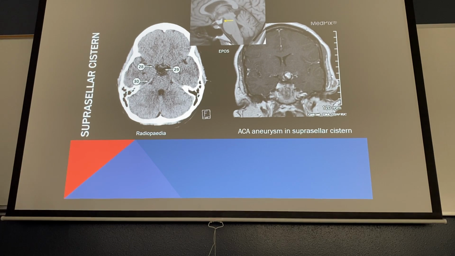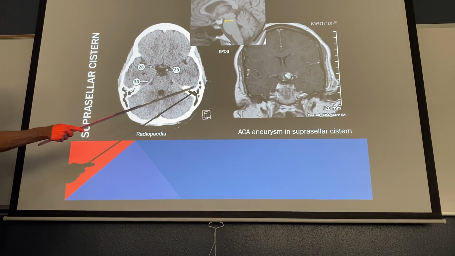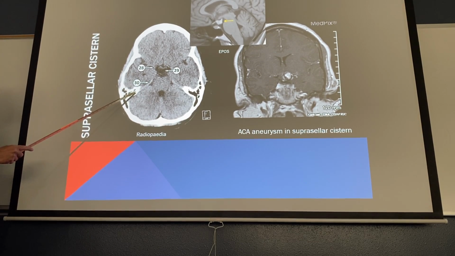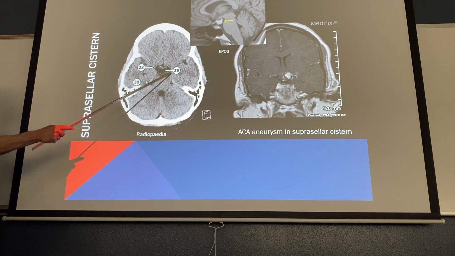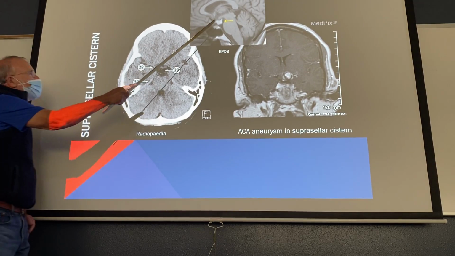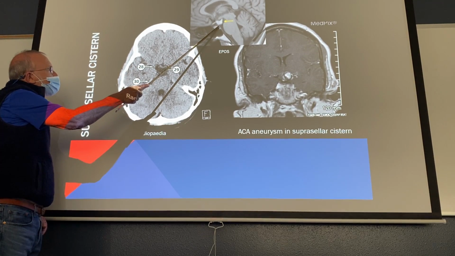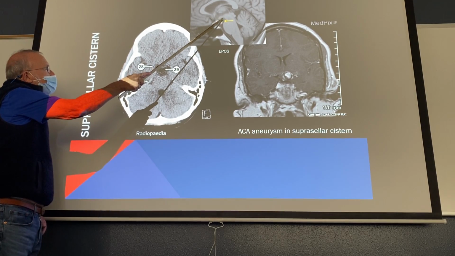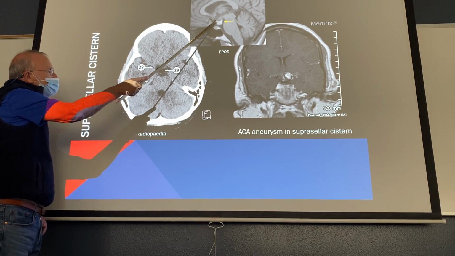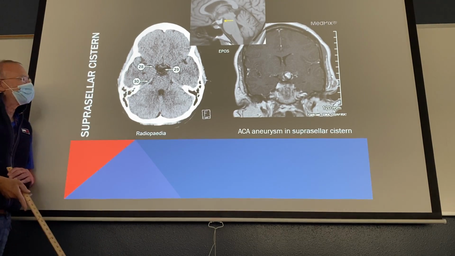From a CT perspective, oftentimes the suprasellar cistern will be a black area right over here. You'll pick up a little bit of the petrous bone right through here. You don't get a lot of detail like we'll see with MR, but this would be the suprasellar cistern. Here on a sagittal MR is my pituitary gland, my sella turcica. Here's the upper portion of the midbrain that happens to show an aneurysm bleed in the area of the suprasellar cistern.